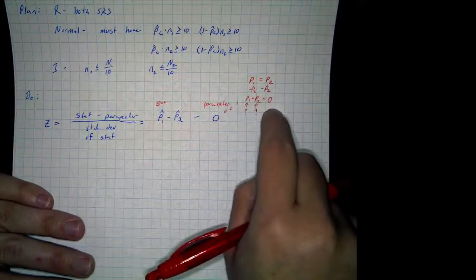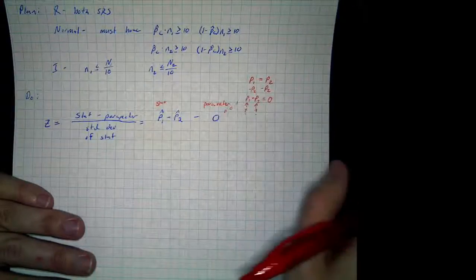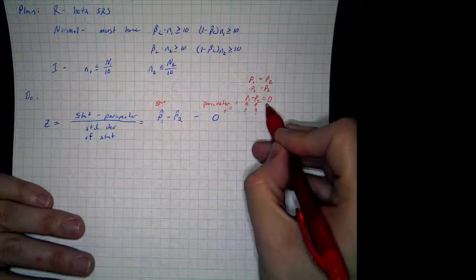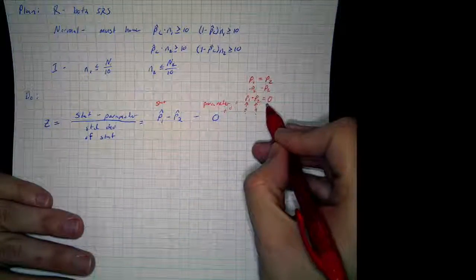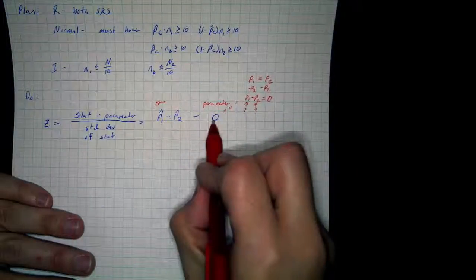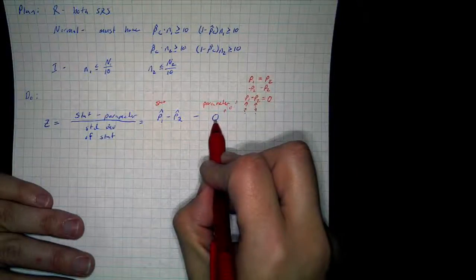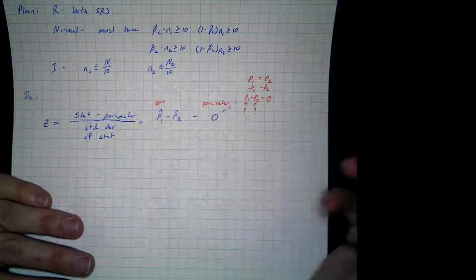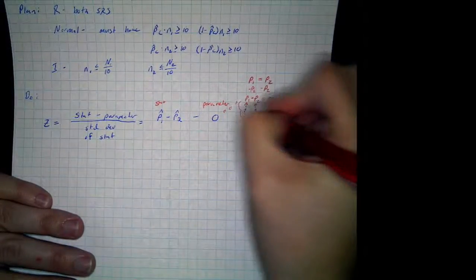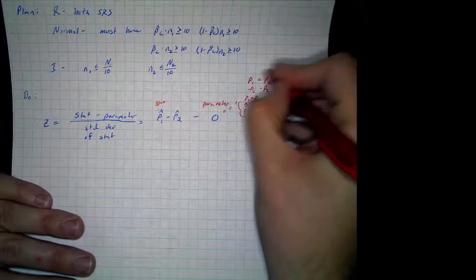Of all the things I know, 0 is what I know. So I don't know P1, I don't know P2, I do know 0, so I put 0 in the formula. We good? That was a nice little dream.